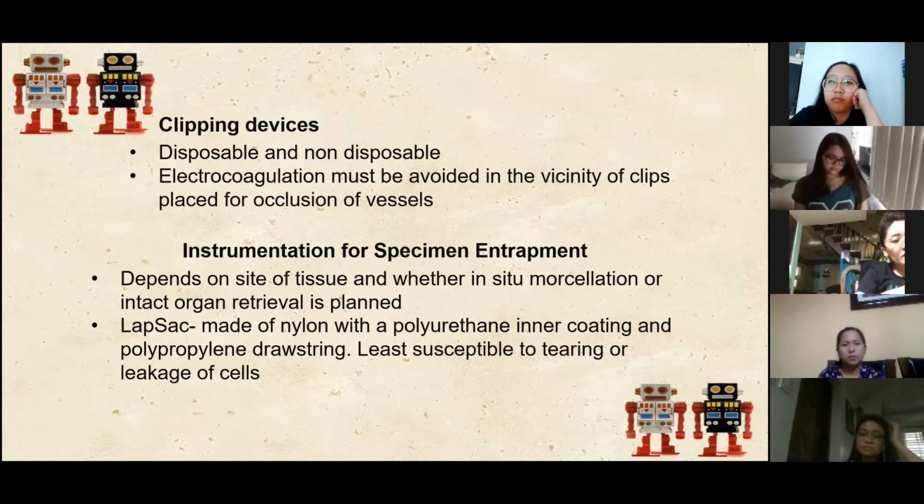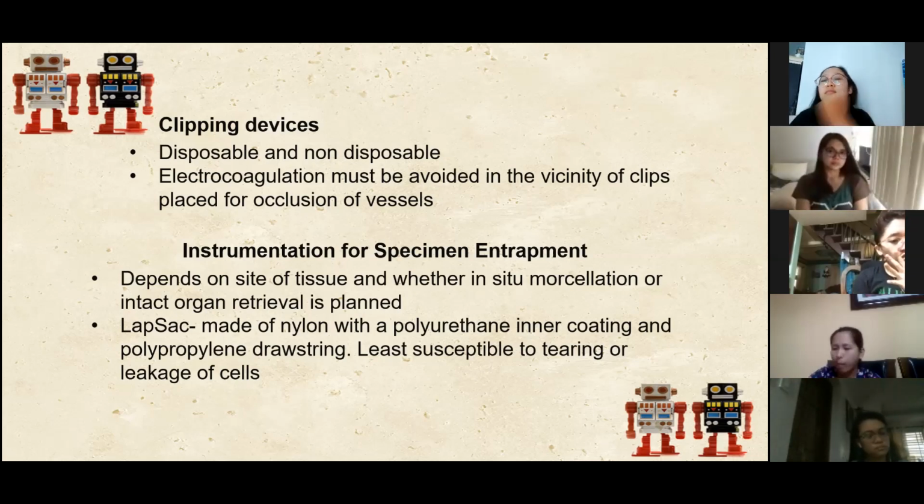And for your non-disposable, they have to be reloaded for each clip to be deployed at the site of surgery. Electrocoagulation must be avoided in the vicinity of the clips placed for occlusion of vessels to prevent conductive tissue necrosis and clip dislocation.